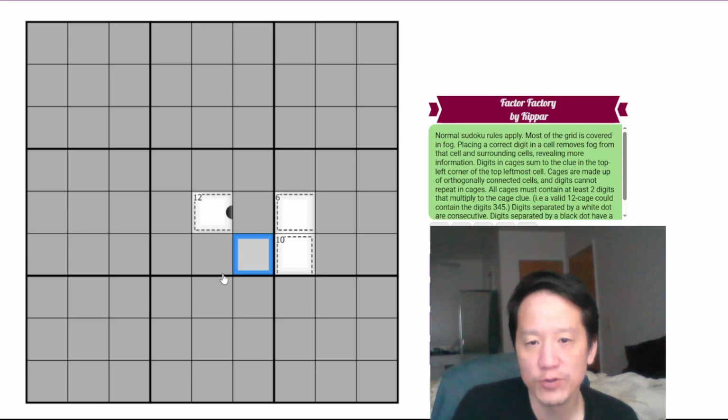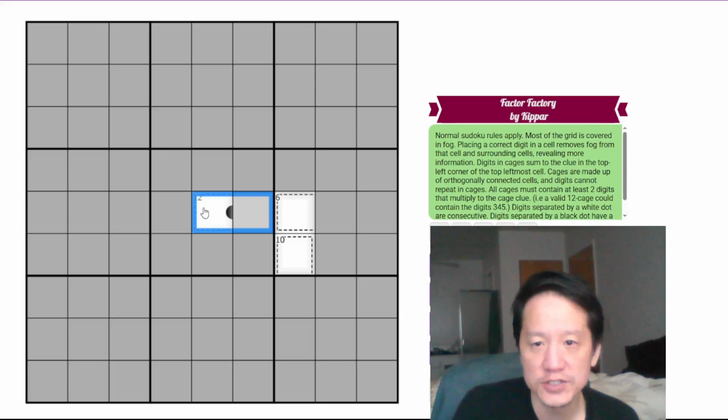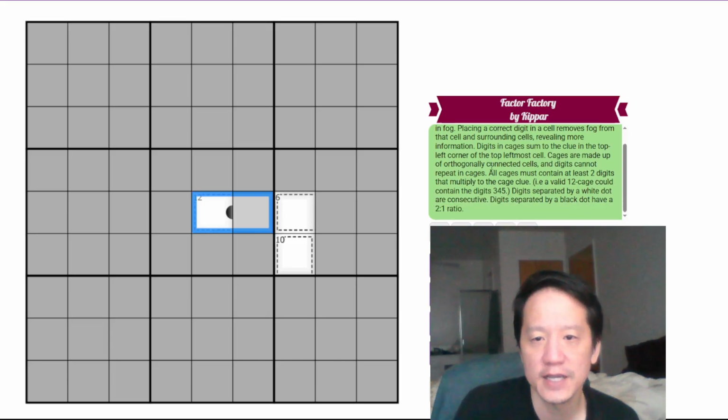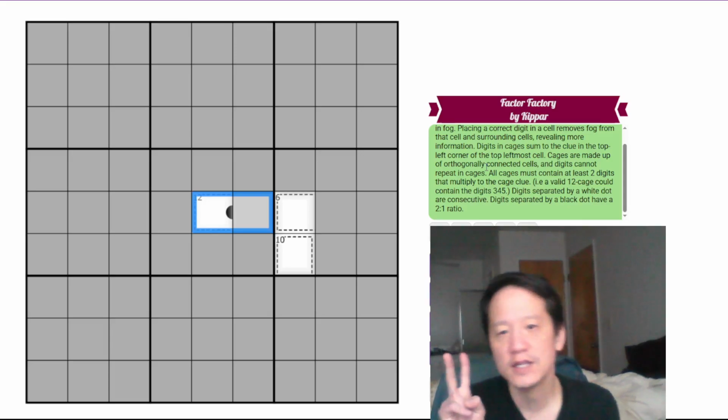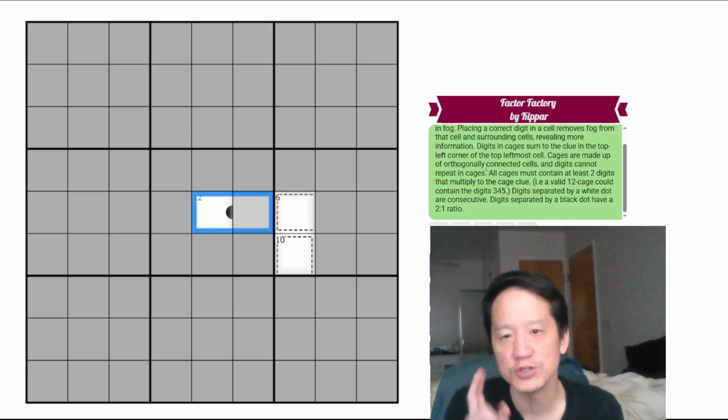All cages must contain at least 2 digits that multiply to the cage clue.